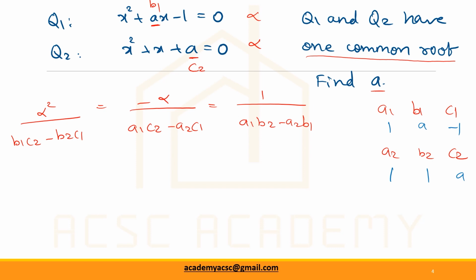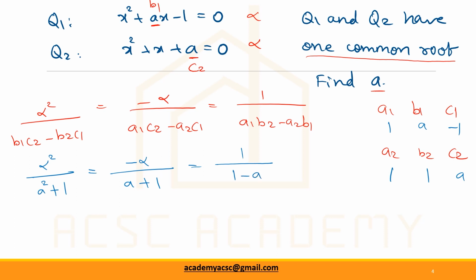Now we can simply substitute the values over here and we get alpha squared upon b1 c2, which would be a squared, minus b2 c1, that would be minus 1, so this becomes plus 1, equal to minus alpha upon a1 c2 minus a2 c1, that would give a plus 1, equal to 1 upon a1 b2 minus a2 b1, which gives us 1 minus a.